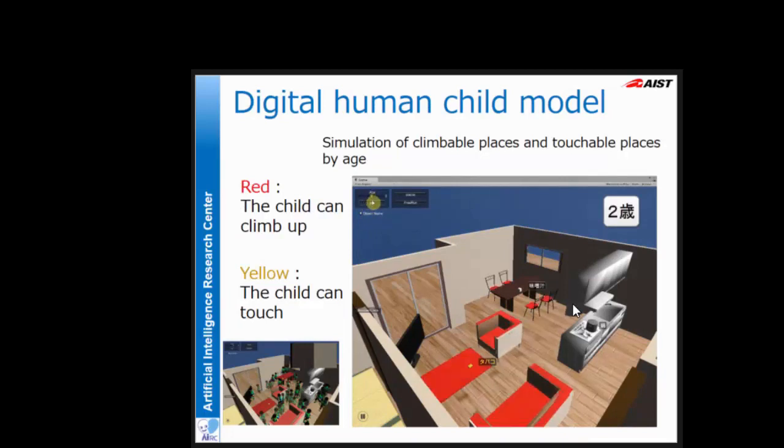Red indicates climbable places and yellow indicates touchable places. In the case of 6 years old and 7 years old, like this, climbable places and touchable places depend on age. We use this digital human child model to calculate the probability of a child falling.